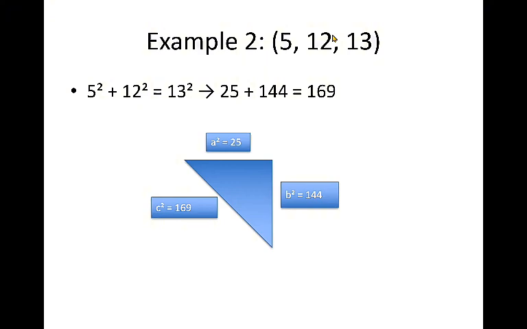Again, we visually compare. Once we add the areas of side A and side B, it always comes out equal to side C. 25 plus 144 is 169.